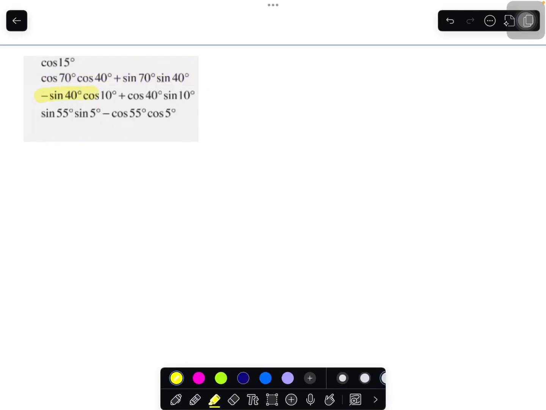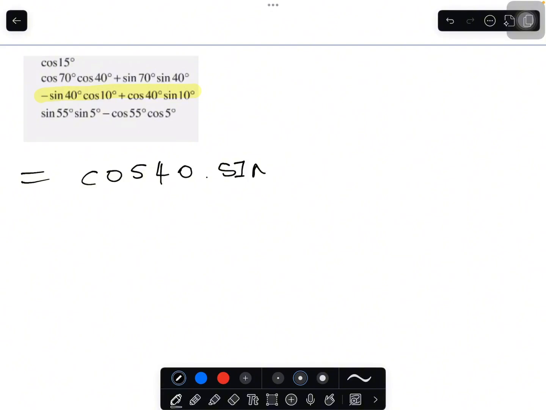Now let's look at this question right here. In this question, we have the negative sine 40 cos 10 plus cos 40 sine 10. When we look at our rules for expansion, we always have the positive first. So I'm going to rewrite this with the positive first. So we're going to have cos 40 times sine 10 minus sine 40 times cos 10.